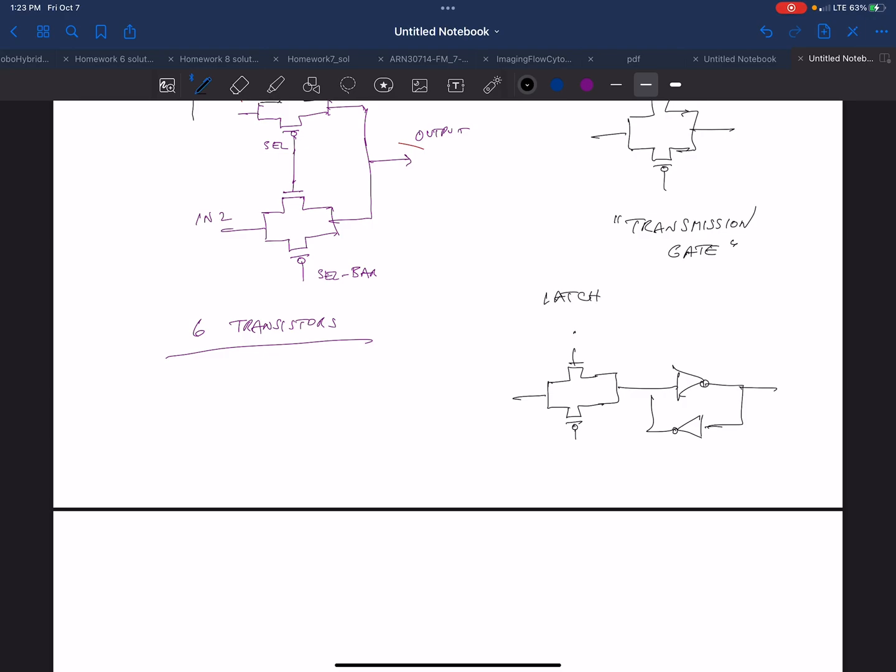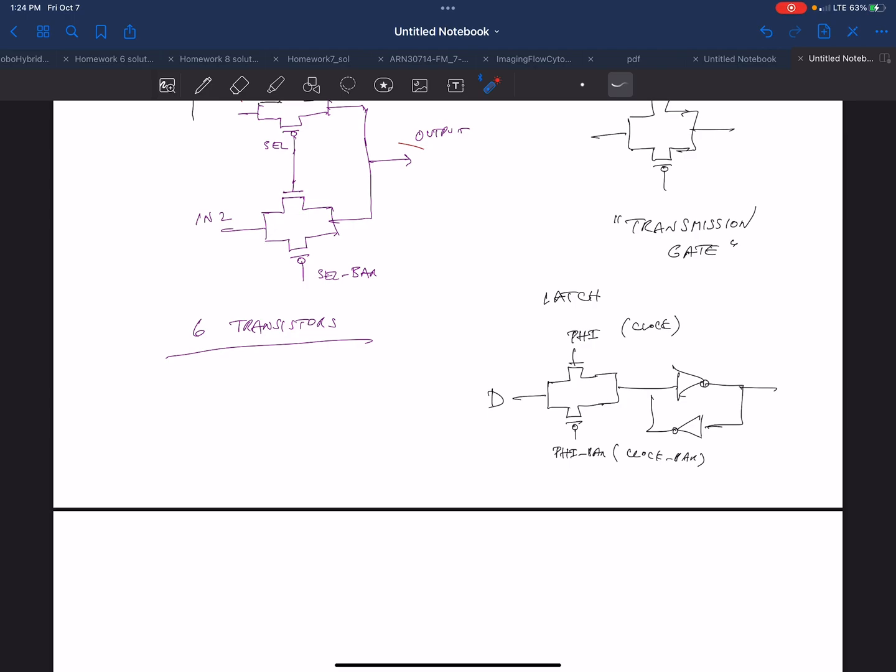We had phi, which is the same as clock, and phi bar, which is the same as clock bar. And we had the D. So basically, this allowed you to either pass D through when the clock phase was high, or cut off this guy when the clock phase was low. Okay? So that's why we didn't use a single transistor here. We wanted to get a good 0 and a good 1 passed.